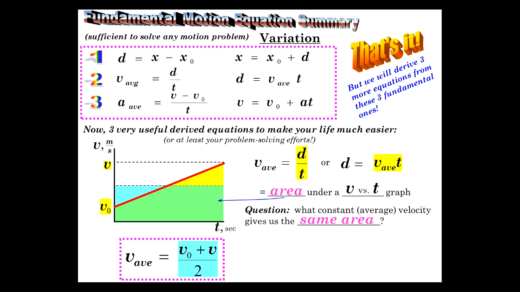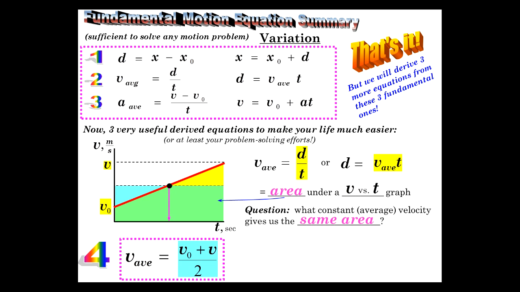So the average velocity in this case is (v0 plus v) divided by 2. And that gives us this value right here, the difference between these two values. The average of those is right there. That is the correct answer. So (v0 plus v) over 2.